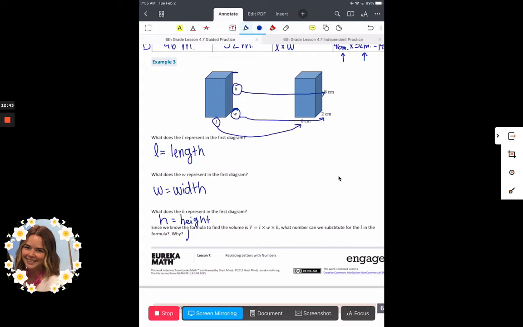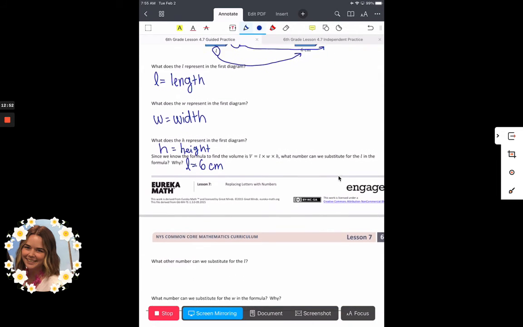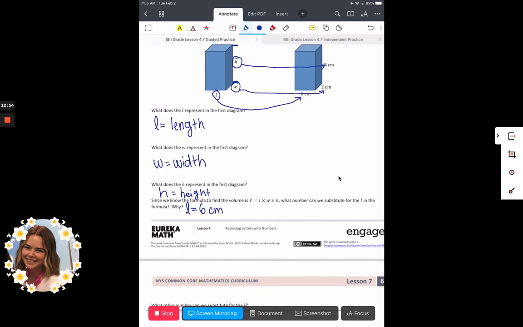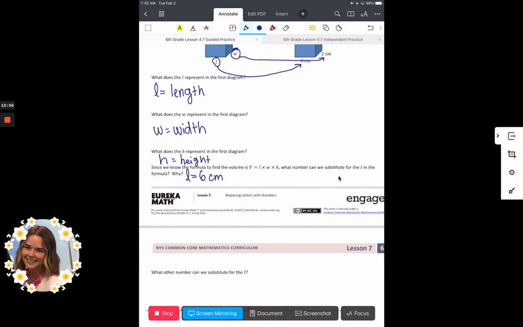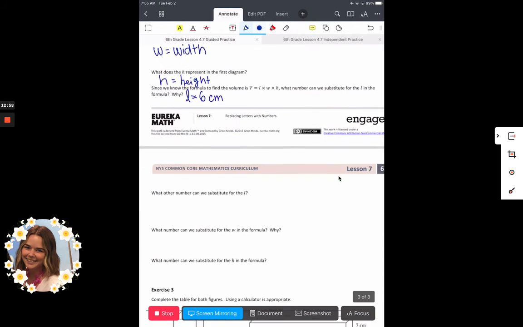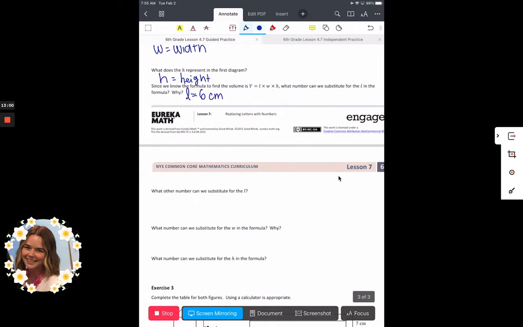So the length is equal to 6 centimeters. And then what other number could we substitute for L? We could also substitute 2 centimeters for L.